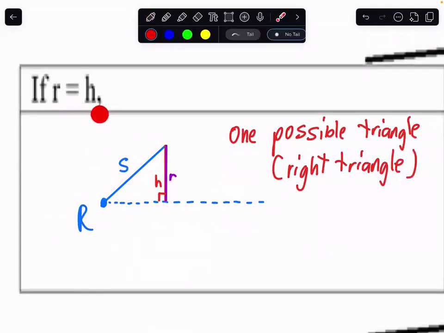So if you do the calculation to find the height, and you find that for SSA with the A acute, the opposite side is exactly equal to the height, you now know that it's going to be a single right triangle.